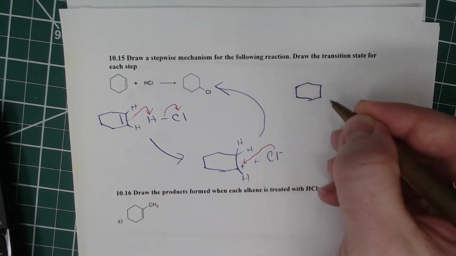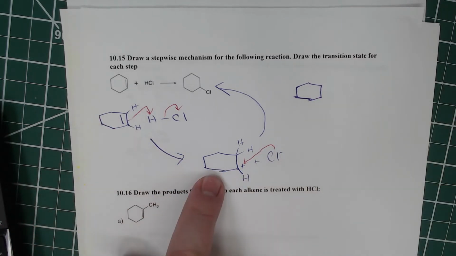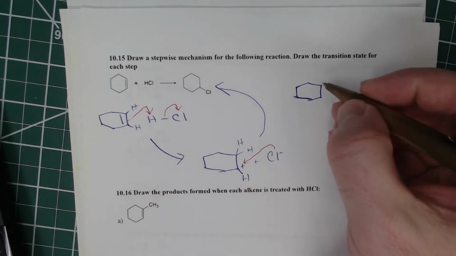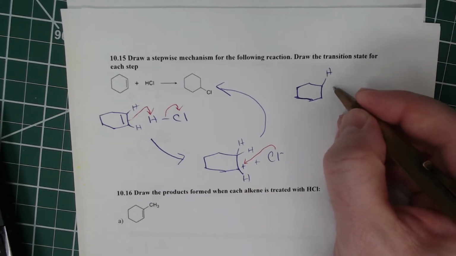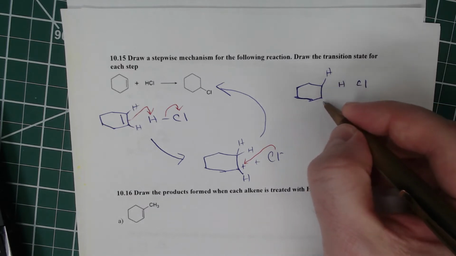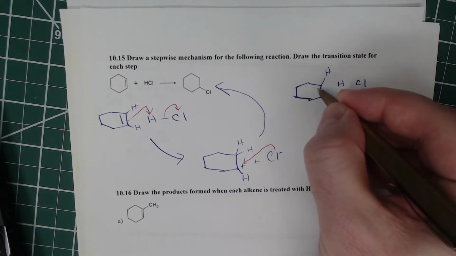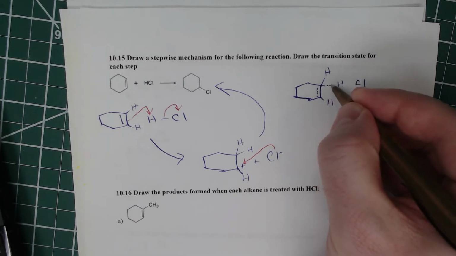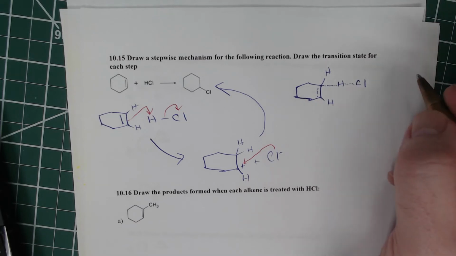So when you're drawing transition states, draw everything that is identical both before and after that step. And so the ring is all there and the hydrogens are there. So that hydrogen is there. And then hydrogen and chlorine. All right, and then this hydrogen is there as well. So we will draw a partial bond between the carbon and the hydrogen, and a partial bond between the hydrogen and the halogen.